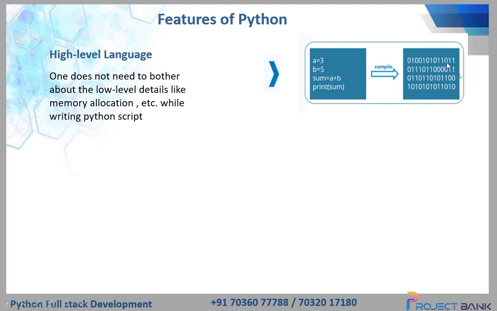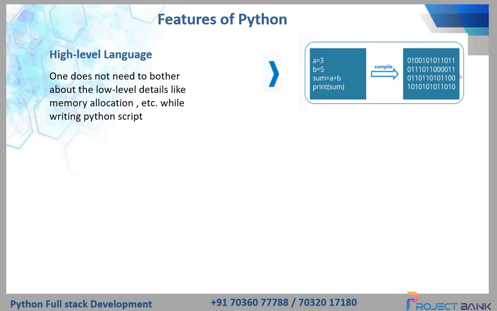Zeros and ones. You no need to depend on what we previously used to do, writing assembly level language instructions like add r1 comma r2. The values of the registers are stored into other registers, and the result will be stored in the accumulators, and like that many assembly level instructions. It is very difficult to understand, but that is traditional.